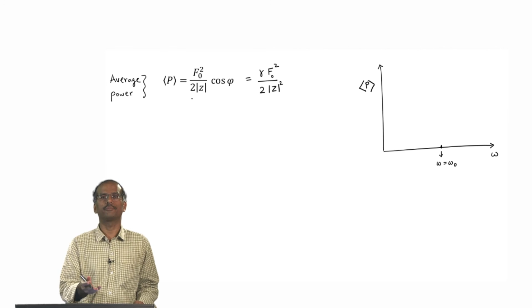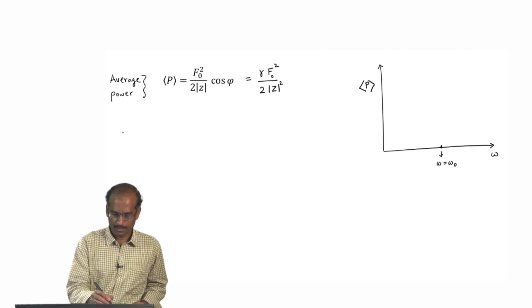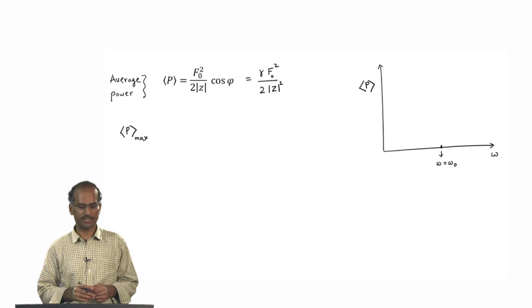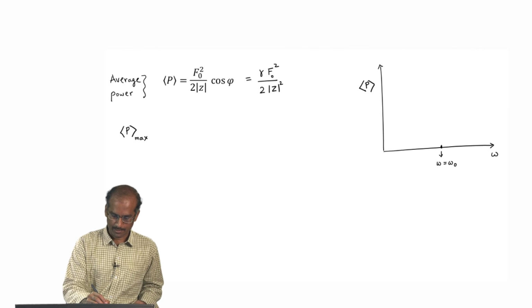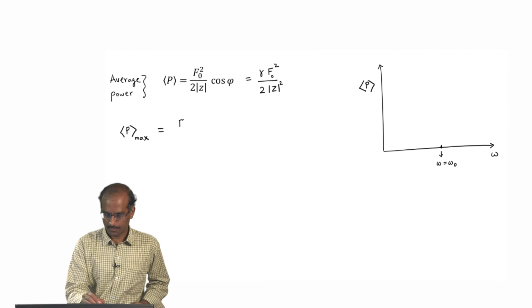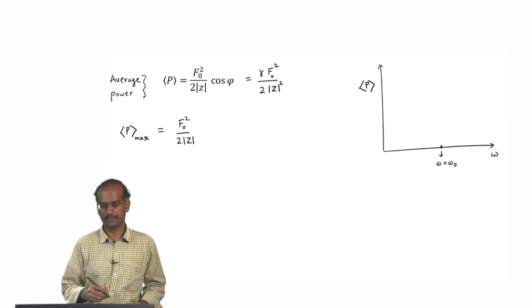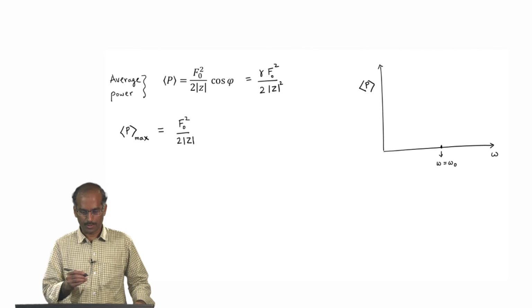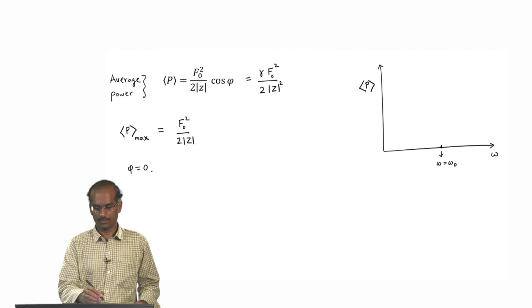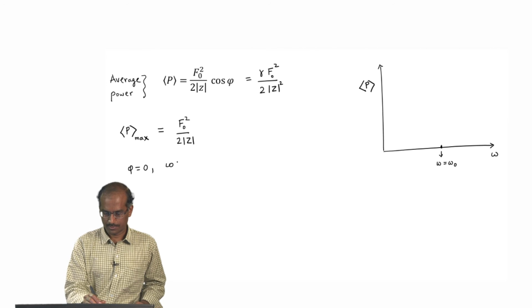And clearly from the formula that is written down here, the maximum of the average power, which I indicate by average P max here, would simply be equal to f 0 square by twice mod z, corresponding to phi being equal to 0, in which case cos phi is equal to 1.